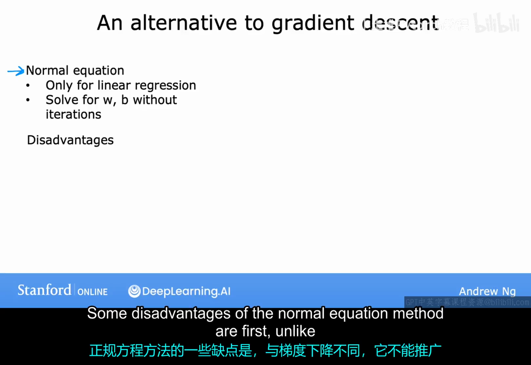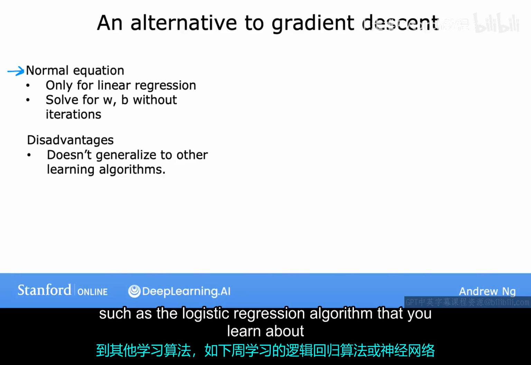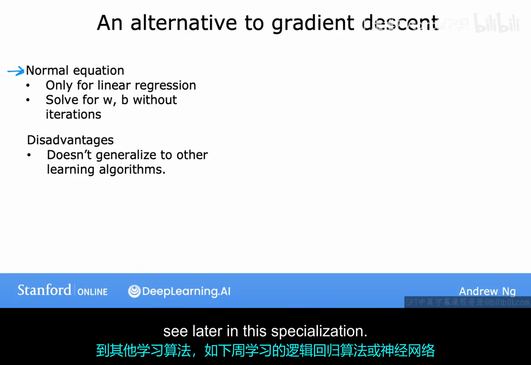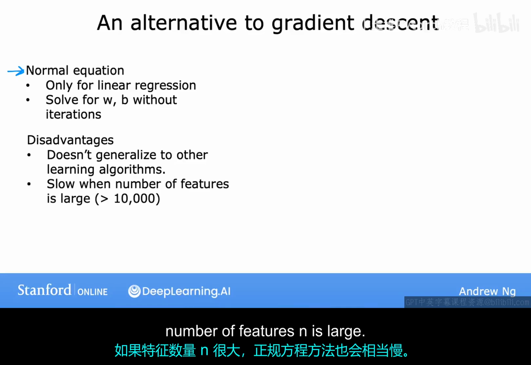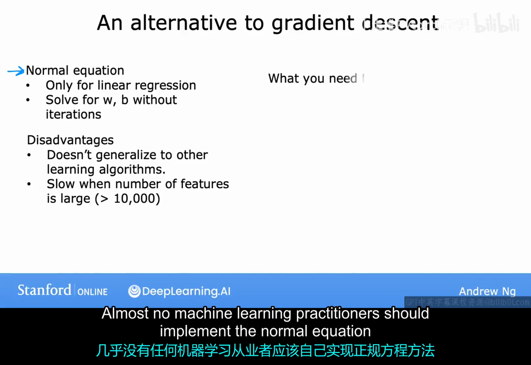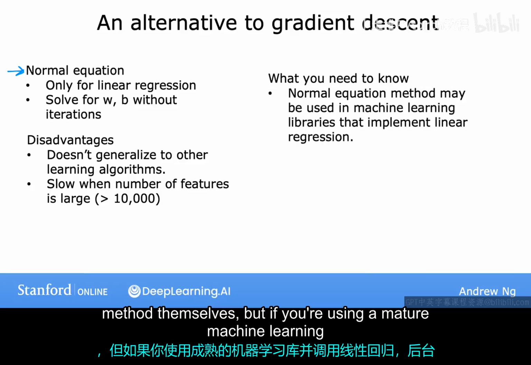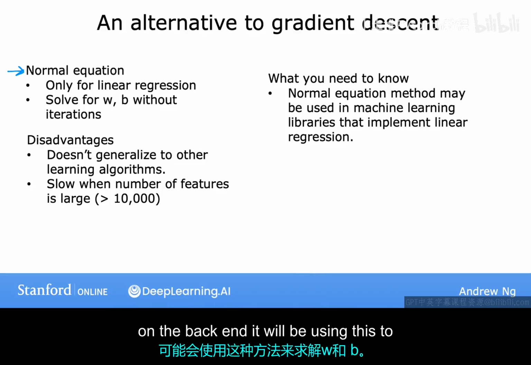Some disadvantages of the normal equation method are, first, unlike gradient descent, this does not generalize to other learning algorithms, such as the logistic regression algorithm that you learn about next week, or the neural networks or other algorithms you see later in this specialization. The normal equation method is also quite slow if the number of features n is large. Almost no machine learning practitioners should implement the normal equation method themselves, but if you're using a mature machine learning library and call linear regression, there's a chance that on the back end, it'll be using this to solve for w and b.